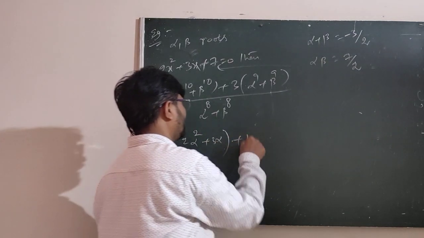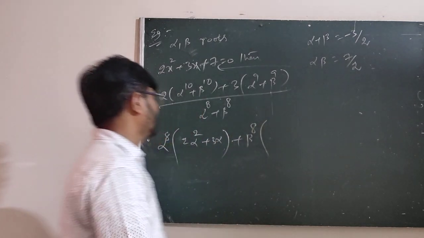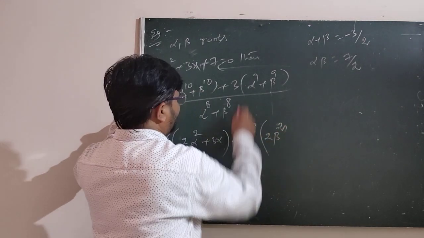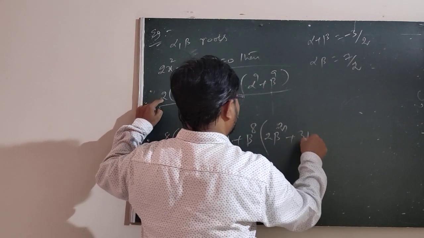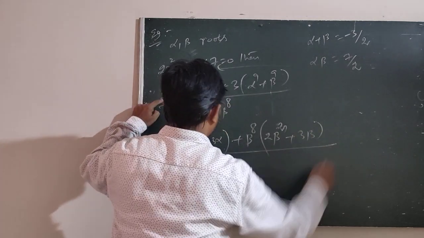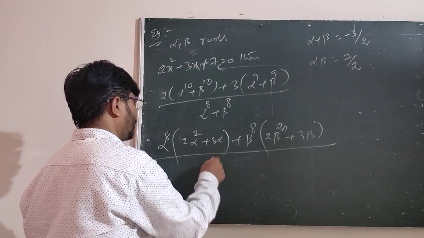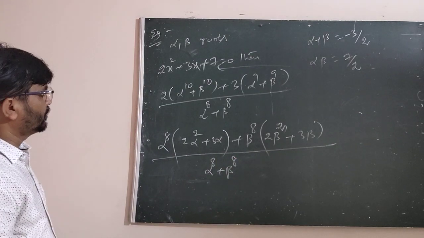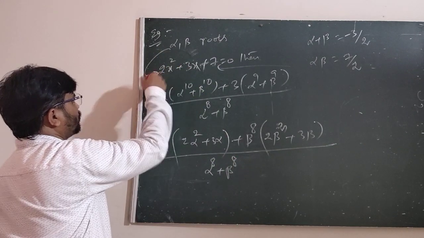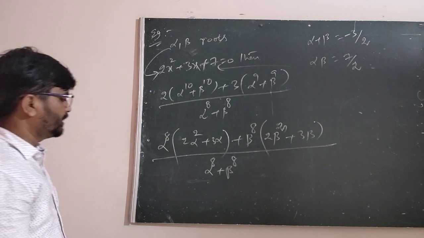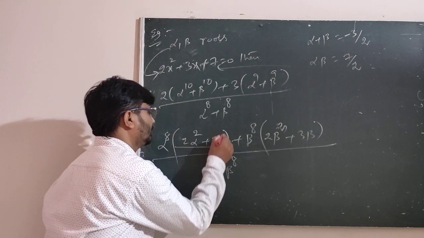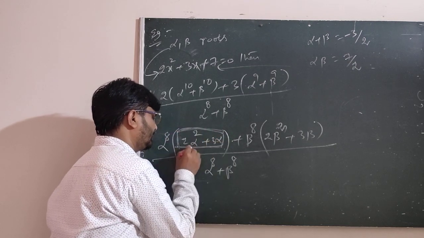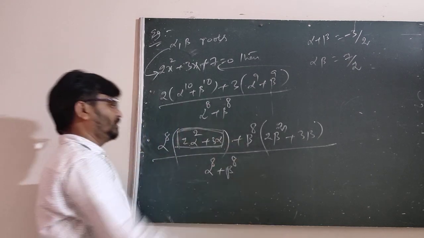Taking beta power 8 common in the numerator, it will be 2 into beta square plus 3 into beta, whole by alpha power 8 beta power 8. Now, alpha is a root of the given equation. That is our simple observation. Here you have to use simple logic. What is there in the bracket? 2 alpha square plus 3 alpha.